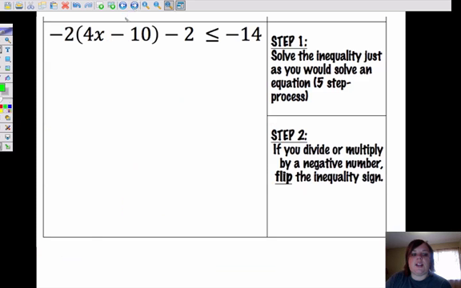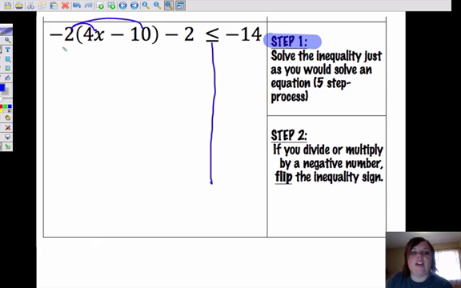Let's look at the second example. On this one, again, my first step is to solve the inequality just as you would an equation. So I'm going to go ahead and extend that sign. That's my balancing point. And on this one, I do need to use the distributive property.